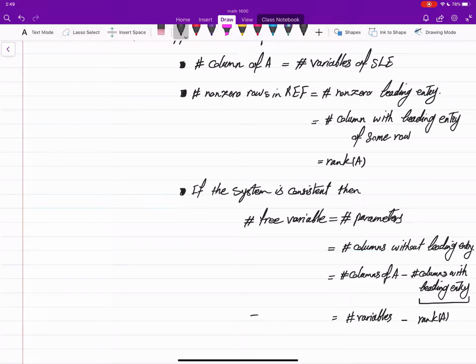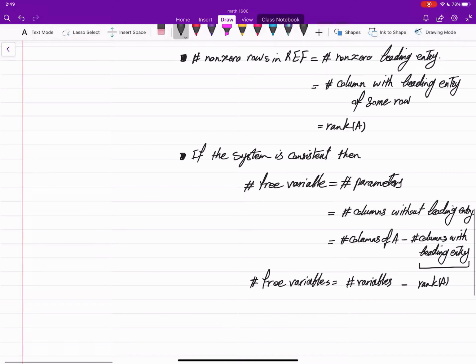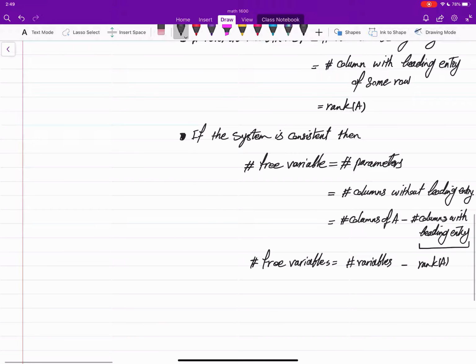And what we proved is that the number of free variables in the solutions of a consistent system of linear equations is equal to the number of variables minus rank A. This is what is called the rank theorem.